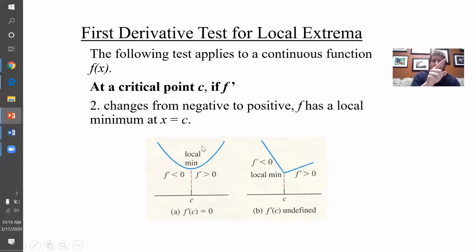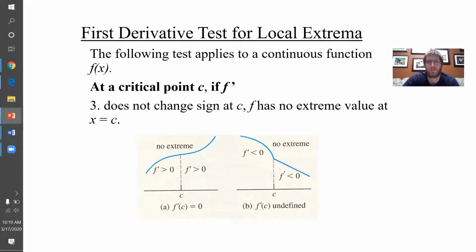And just the opposite, if it goes from decreasing negative to positive, then it has a local minimum at whatever that critical value is. If it does not change sign, if it goes positive to positive or negative to negative, then there is no extreme value at that point.